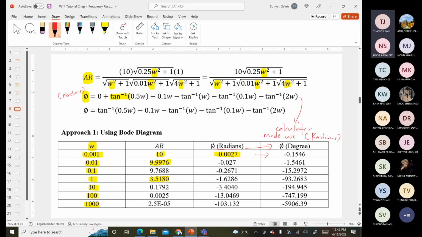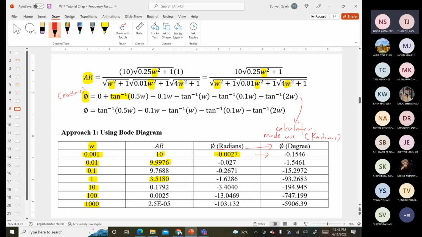So by using the computer or Excel, at least this can be done faster compared to the manual calculator. This is up to you. Both are acceptable. The only unacceptable thing is, let's say, you copy from your friends. That one is not acceptable.